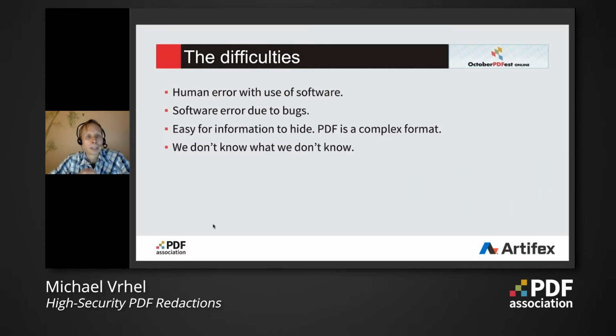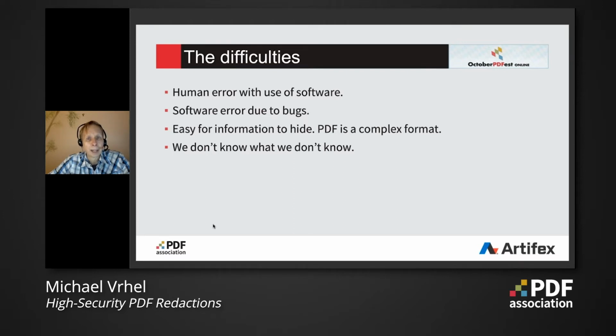So there are a few difficulties. One is obviously human error with the use of the software. People aren't aware of how the document format works, and that simply placing black boxes over the content doesn't make the information go away. There can always be software errors due to bugs or even from poorly designed software.